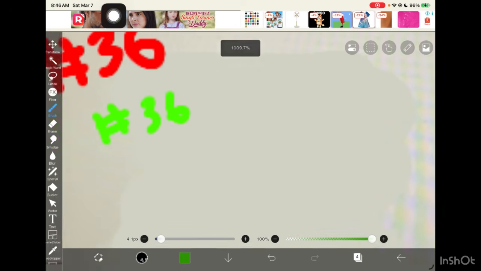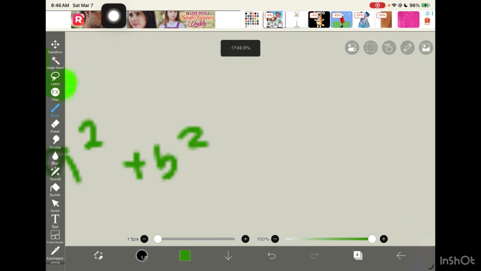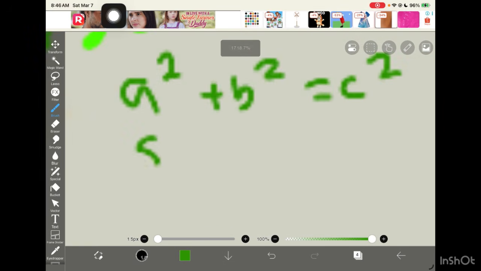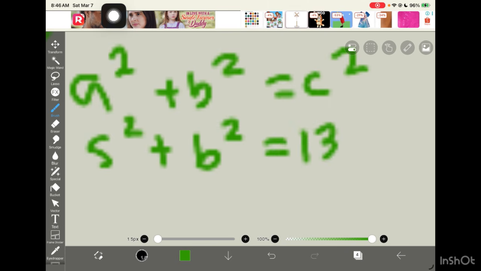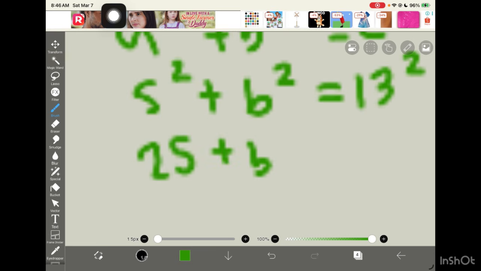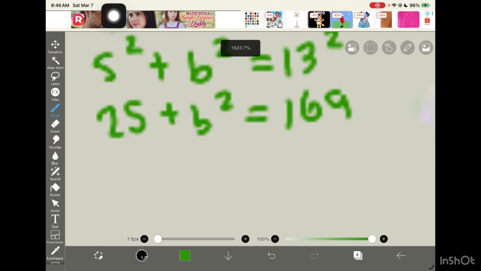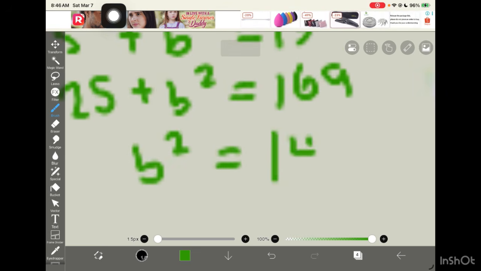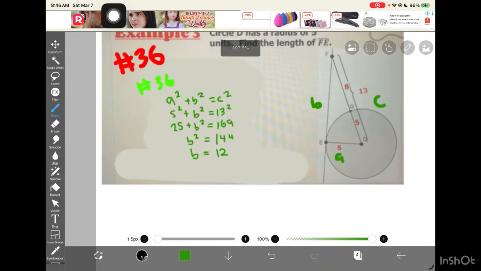So by Pythagorean theorem, we can say A squared plus B squared is equal to C squared. 5 squared plus B squared is equal to 13 squared. 25 plus B squared is equal to 169. B squared by transposition is equal to 144. B is equal to 12. Yeah, and that's our answer.